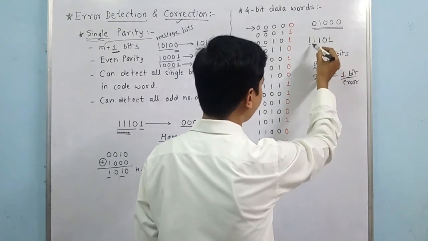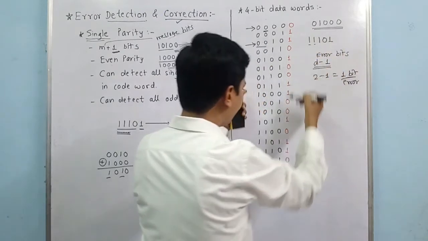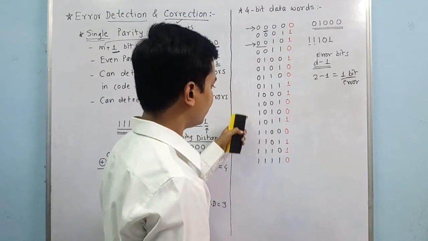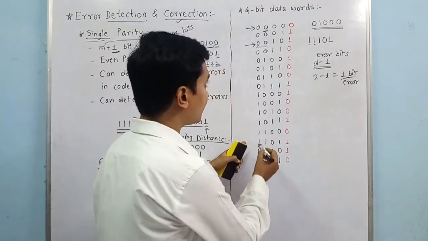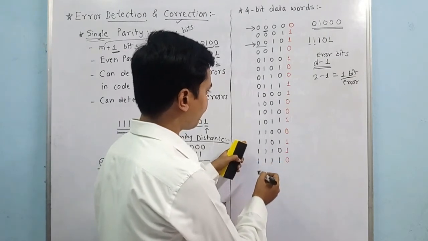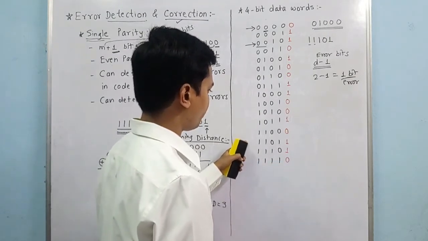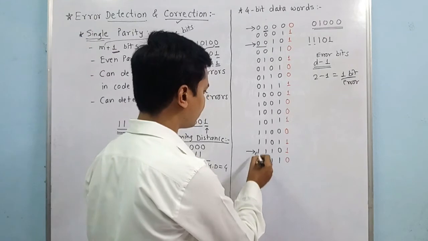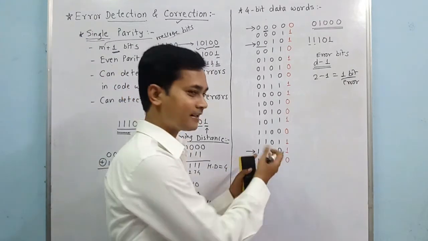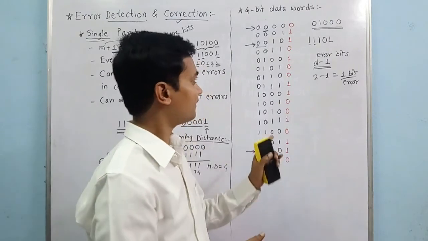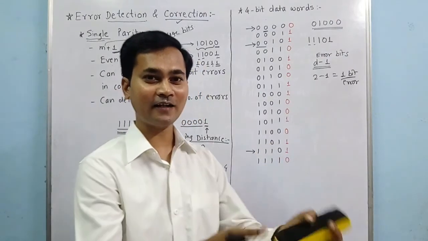Now you can find whether this combination is available. Yes, 1 1 1 0 1 is available here. So the receiver will assume that this is the correct data, accept it and take the particular action.